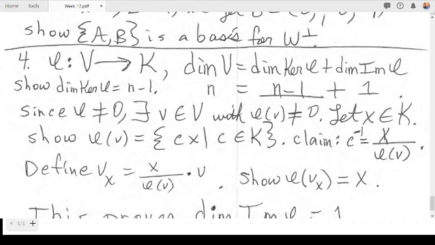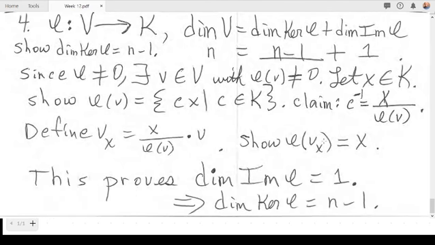And then for number 4, take phi to be the functional going from V to K and show that the dimension of the kernel of phi equals n minus 1. To do this, we show that the dimension of the image of phi is equal to 1.